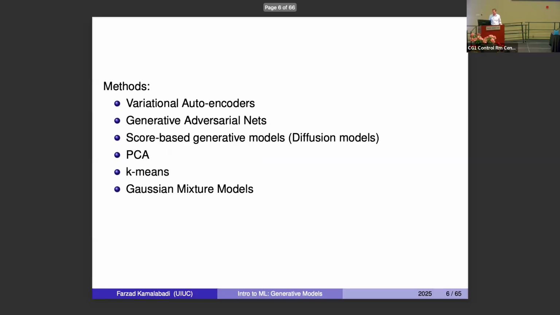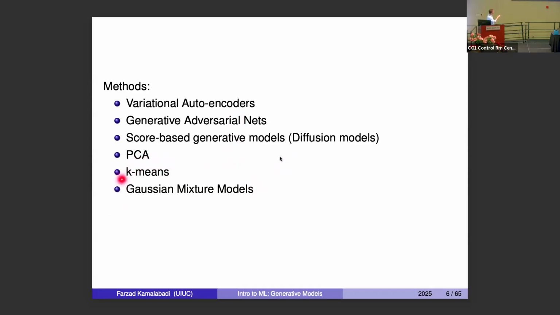And let me just briefly remind you that the three topics that we looked at, the variational autoencoders, generative adversarial nets, and score-based generative models or diffusion-based models were topics of yesterday.